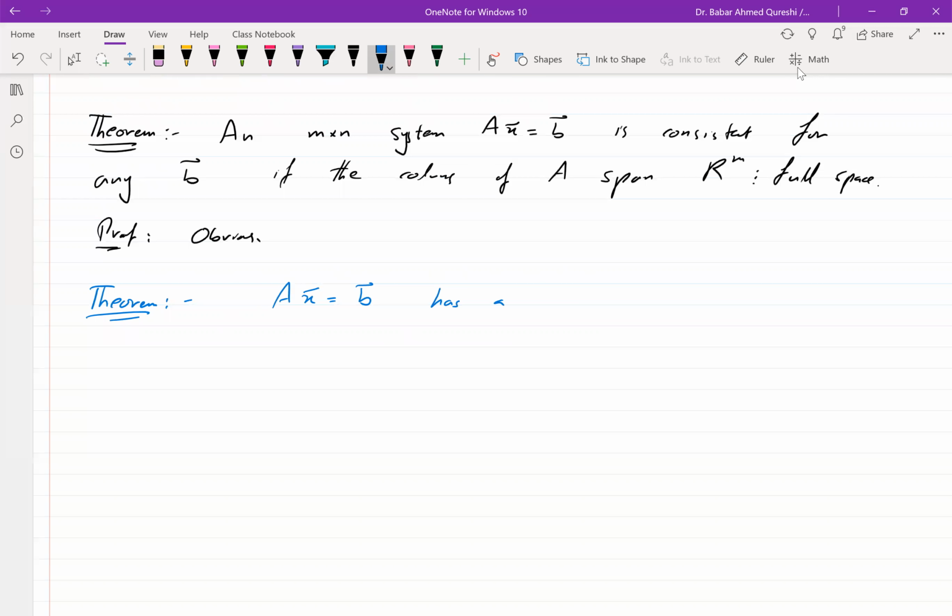As a unique solution, if columns of A are linearly independent.